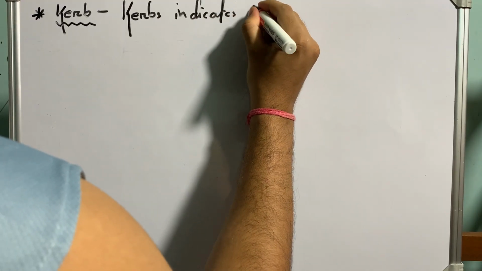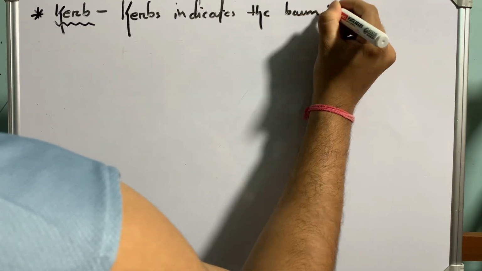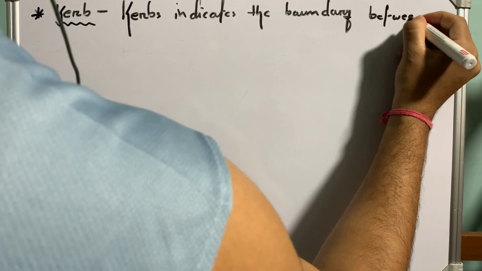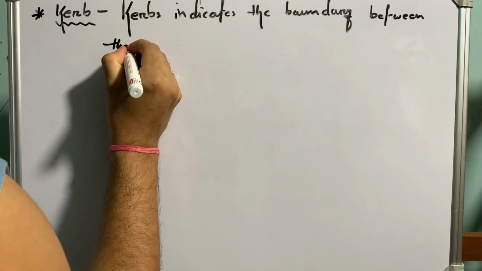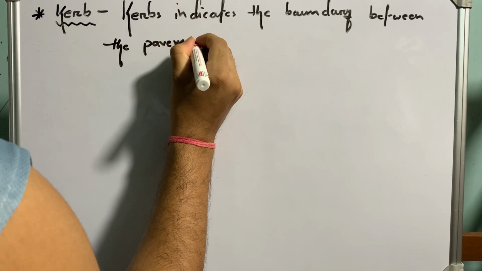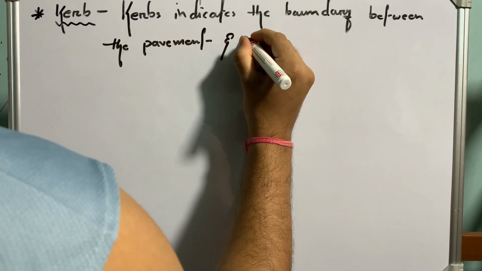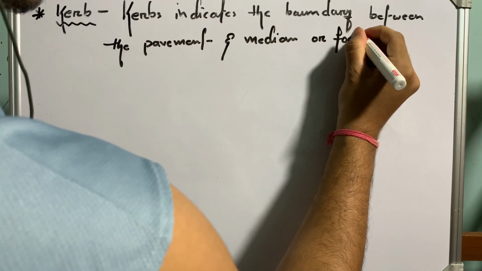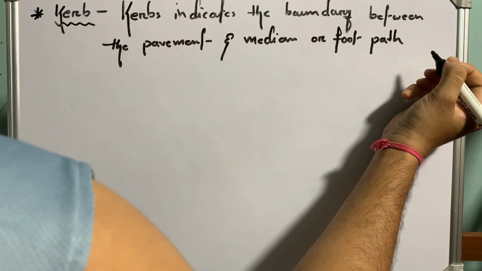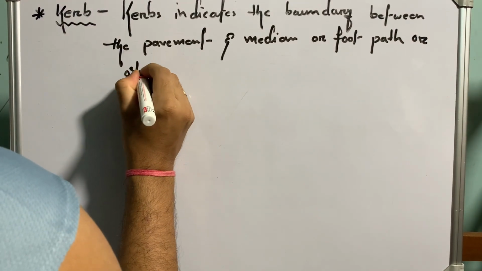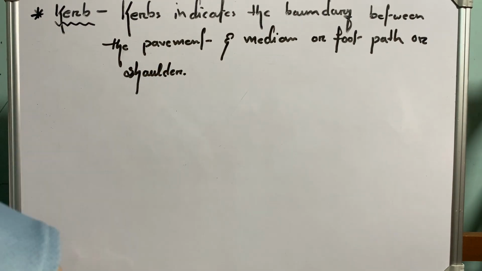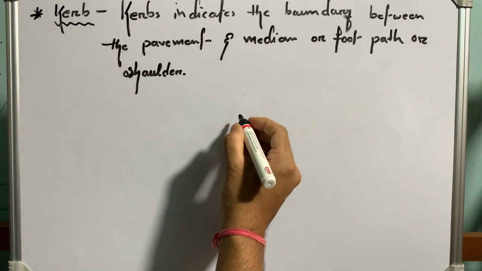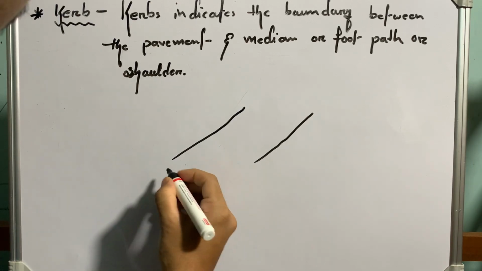What is kerb? Kerb indicates the boundary between the pavement and median or footpath or shoulder.